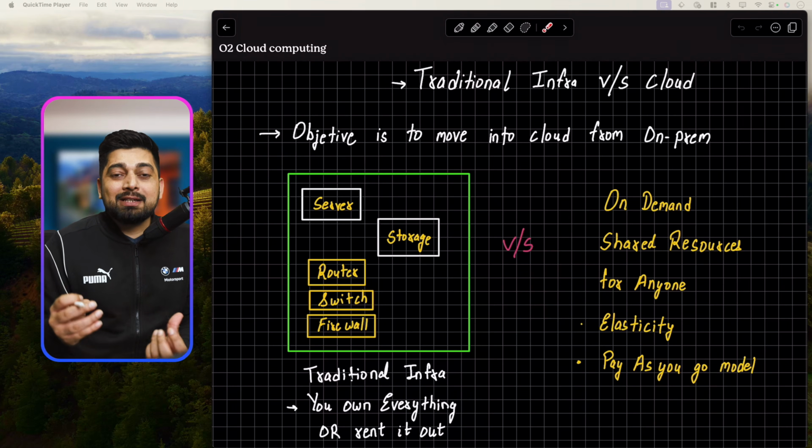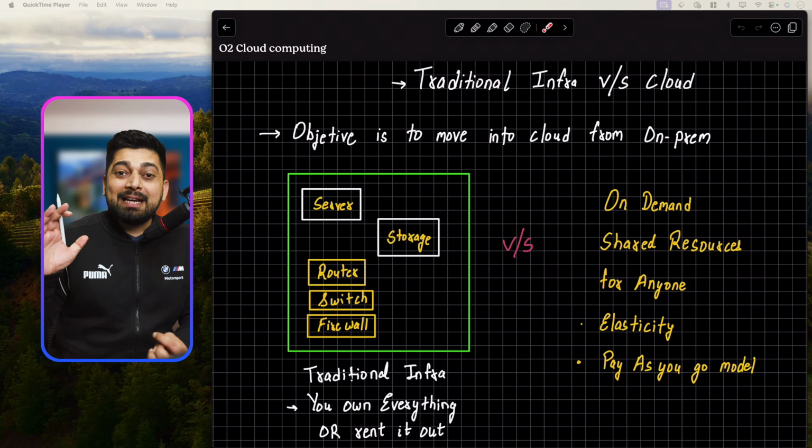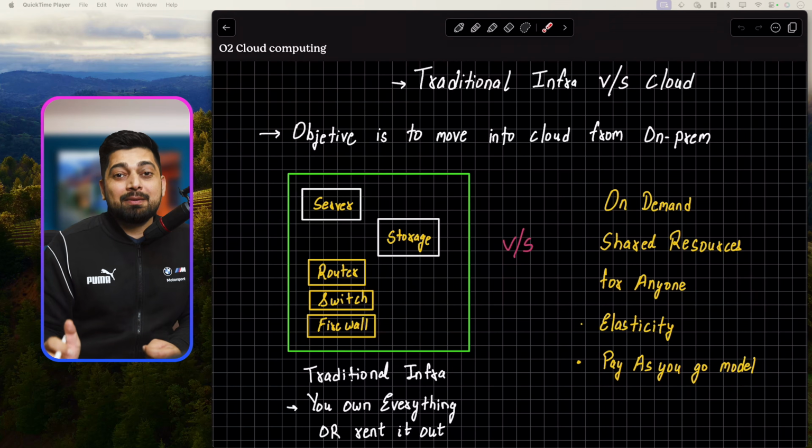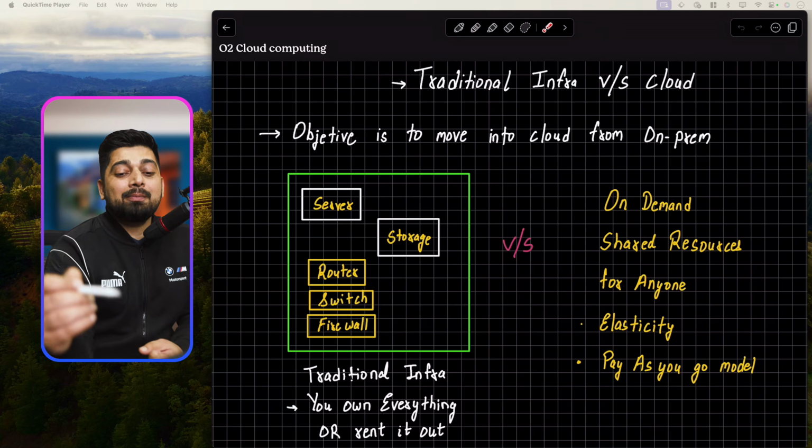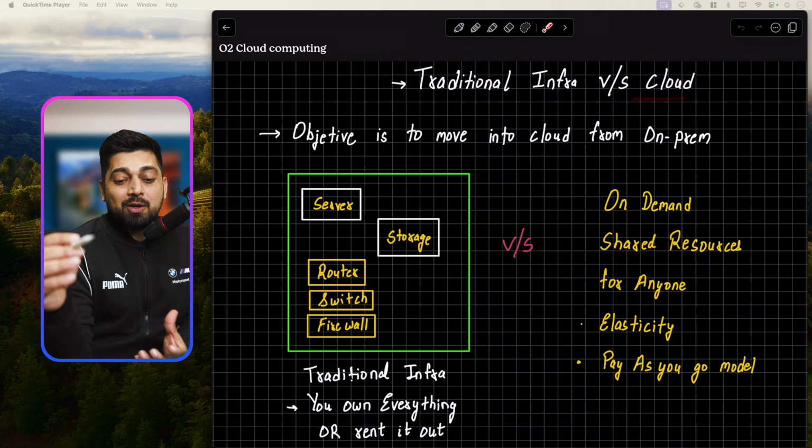Somebody had the infrastructure there, all those servers and racks, so that they could connect to the internet and serve their website. This was a challenging thing. These days, startups just think about building their application and don't really focus on how they should scale up things. This is all because of the cloud infrastructure we have.